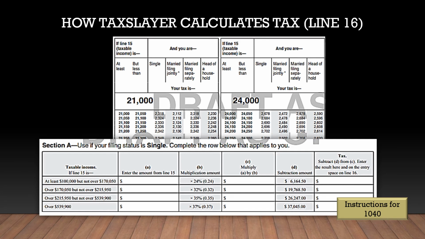These are tax tables that if you were doing tax on paper, you would actually go into the instructions and look up the amount of income and figure it out with your filing status, and you would come up with your amount of tax based on your taxable income from that last line on the front of the 1040.